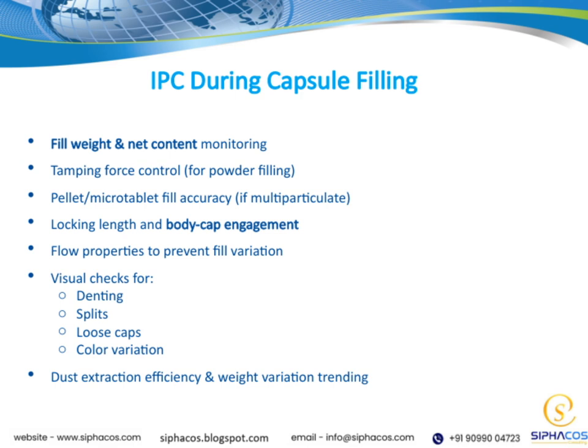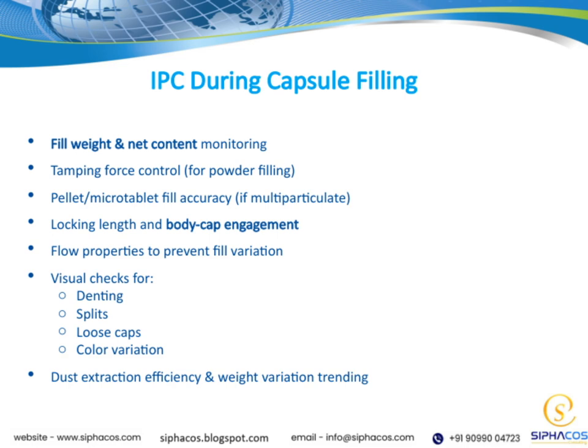For multiparticulate formulations like pellets or microtablets, pellet and microtablet fill accuracy is key. It ensures each capsule is filled properly with the right number of particles, avoiding under- or overfilling issues. Locking length and body cap engagement are important for ensuring the capsule closes securely, preventing leakage or contamination.